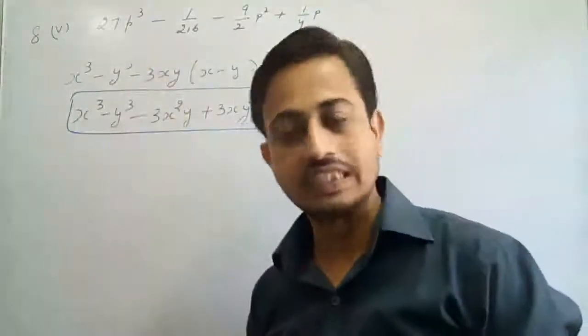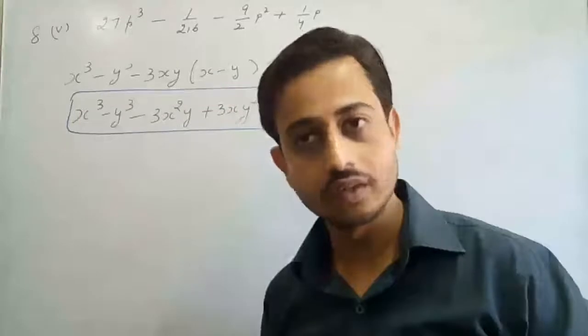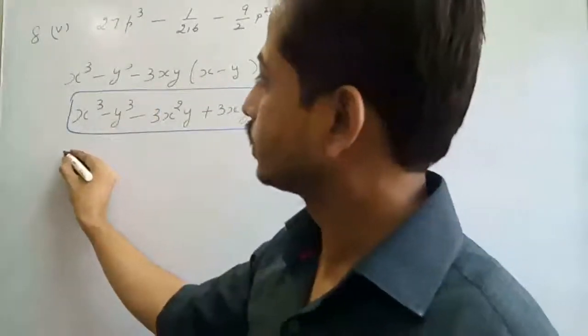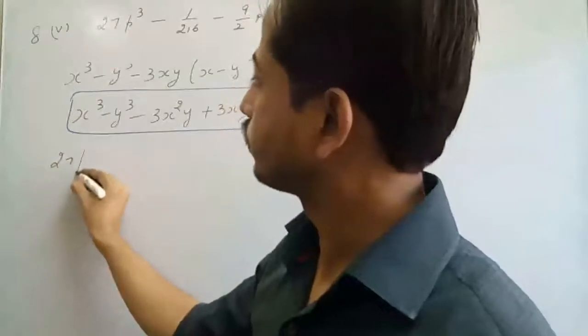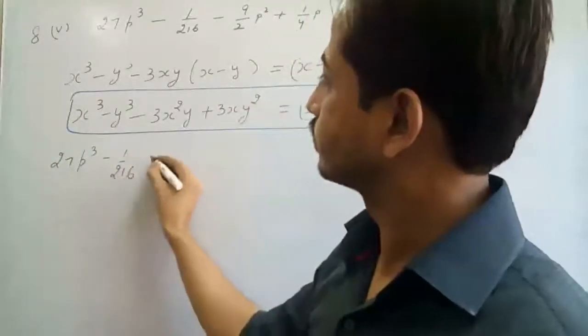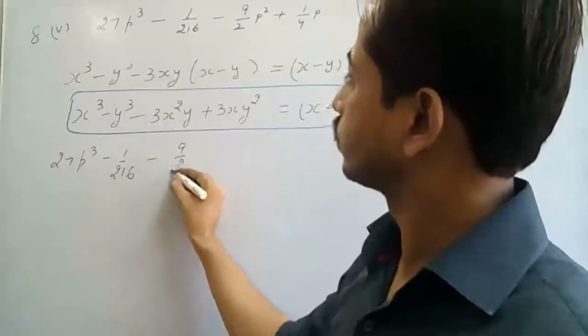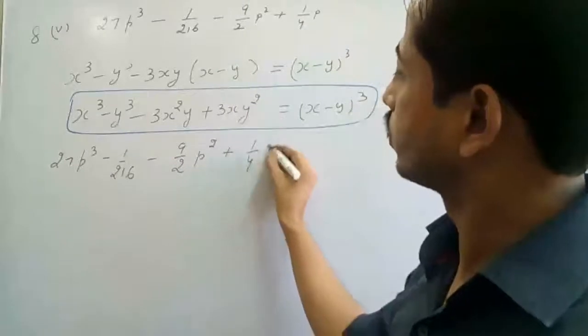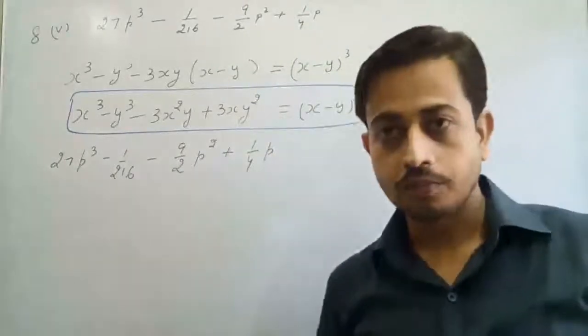So do the same as we are already doing. The question is 27p cube minus 1 by 216 minus 9 by 2p square plus 1 by 4 into p.